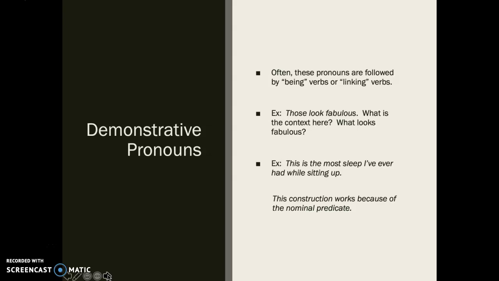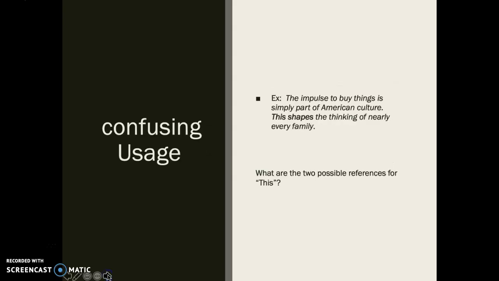We have linking verbs that require nominal predicates. So they either rename the subject or they describe the subject. And that gets a little grammatical for us today, but basically what you want to know is that a demonstrative pronoun sometimes muddies the waters where a demonstrative adjective can clarify.